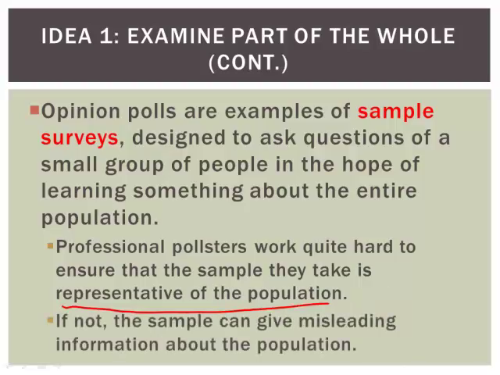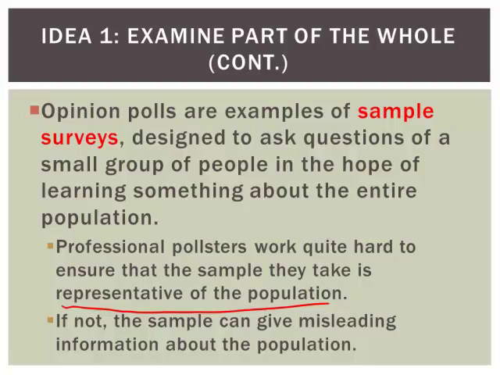If it's not representative, it can give misleading information about the population. There's a pretty famous election fiasco, and we looked at that in an earlier lesson, where they sampled people by telephone to see who they thought would win the election. This was back in the 30s, and back then only rich people had telephones, so the Republican candidate was oversampled.